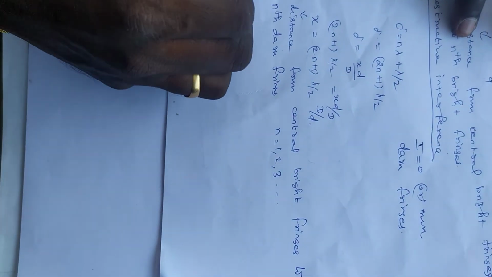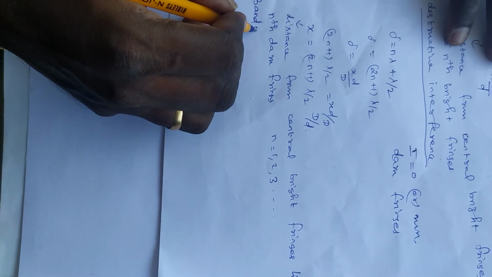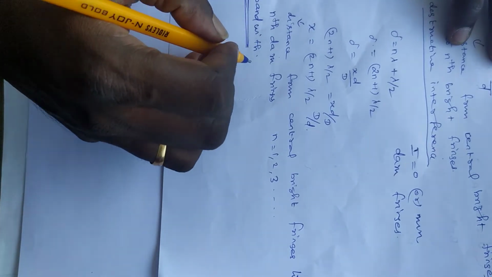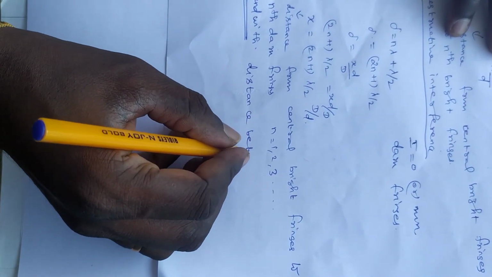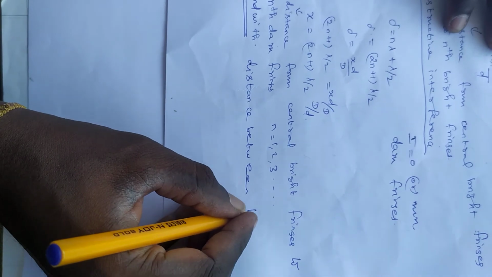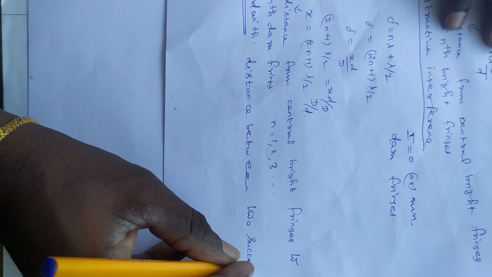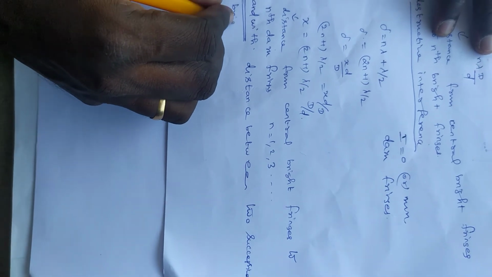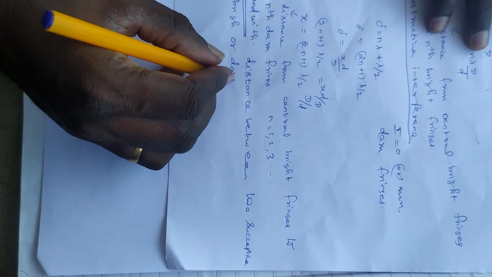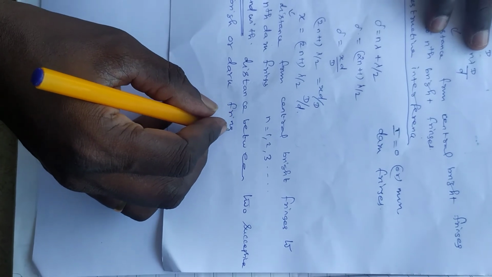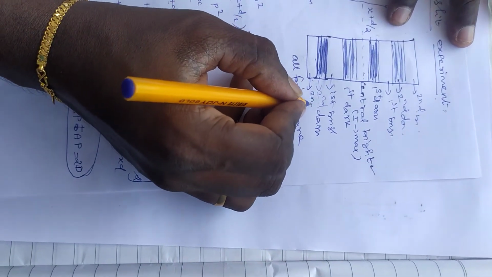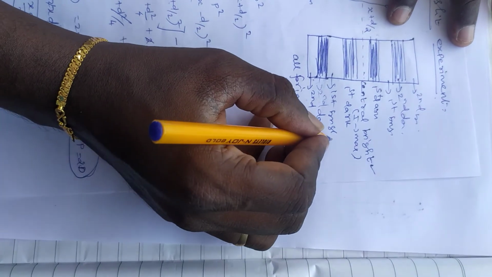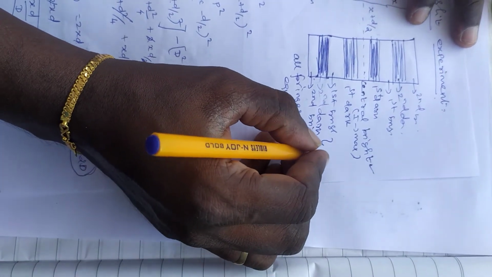Now our aim is to find out the bandwidth of Young's double slit experiment. What is meant by bandwidth? The distance between two successive bright or dark fringes. For example, the distance between the first bright fringe and the second bright fringe is the bandwidth beta.